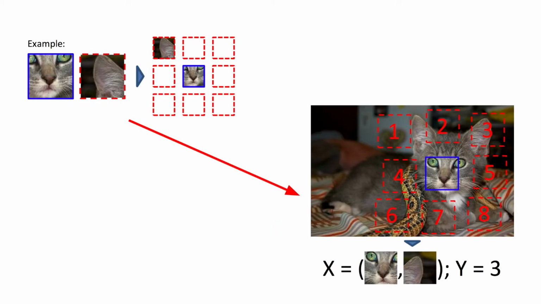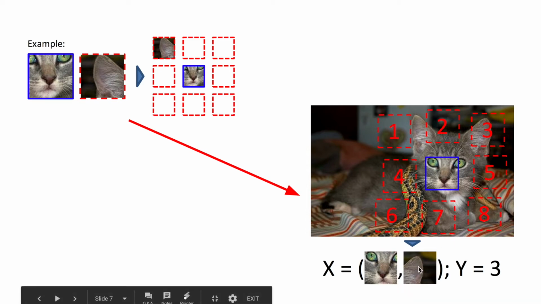If you put it in a more mathematical sense, the idea is to take a representation from this and map it into a larger image, where X is the first patch, and given an input, can we map the location of the second patch relative to the first. So in this case, if the right ear is given, which is cell number 3, the network should predict the output of 3.